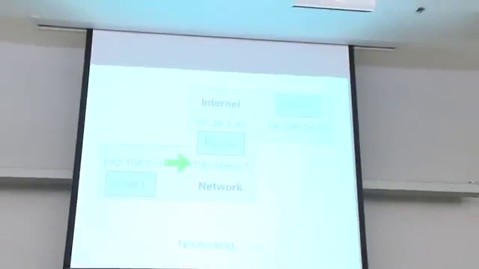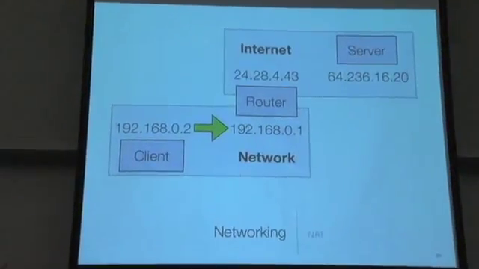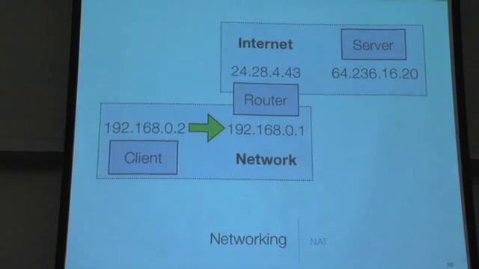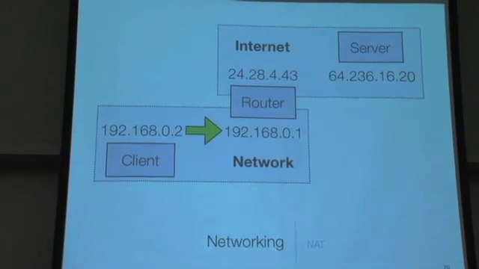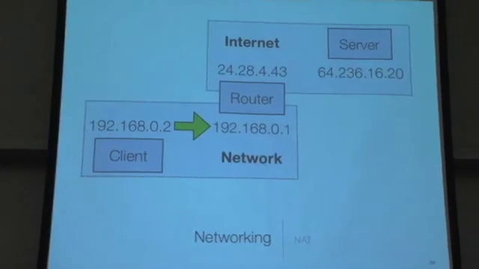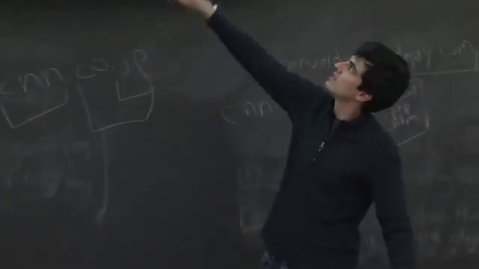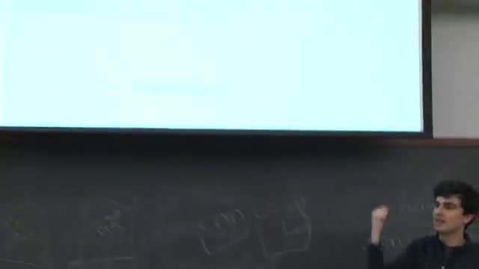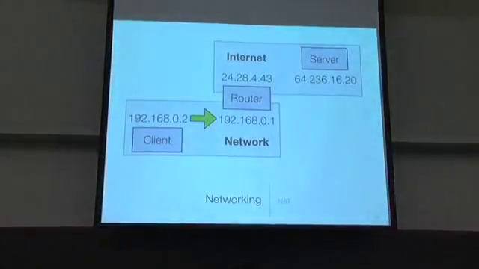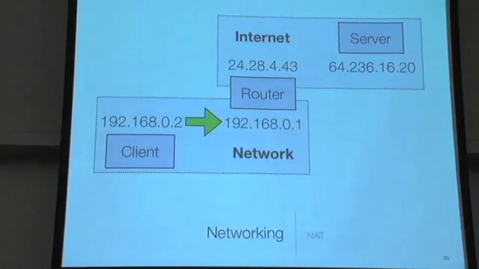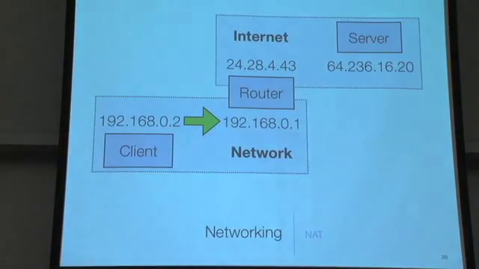And through the magic, quote unquote, of network address translation, my packet is first sent from my computer to this router. Realize that these IP addresses, 192.168, are private IP addresses. They cannot be referenced from the internet as a whole. They're just not going to be addressable. But my router has an IP address that is addressable by the internet at large.